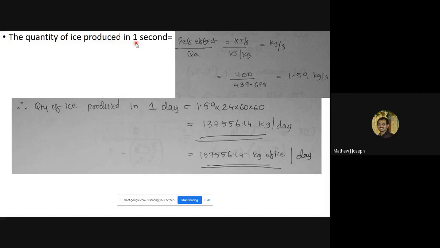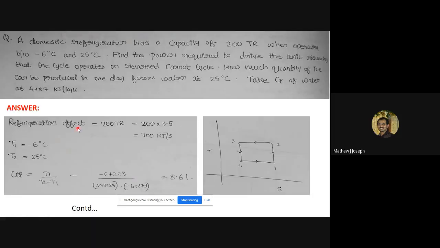But before that, let us understand the quantity of ice produced in 1 second by this domestic refrigerator. We have already found out the refrigeration effect produced by this refrigerator, that is 700 kilojoules per second.